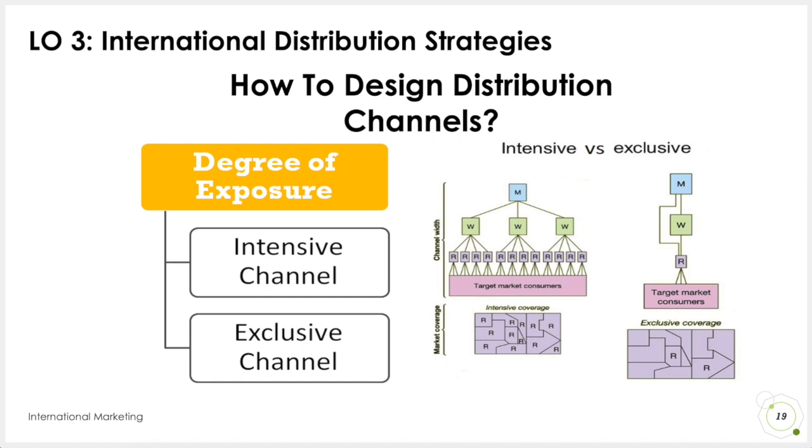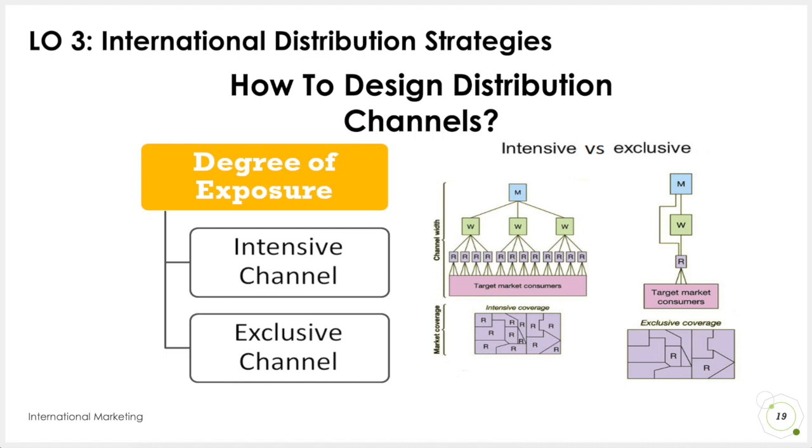However, it does not create strong barriers to channel entry, nor provide control over reseller decisions such as what competing brands to sell. For example, giant and medium supermarkets typically take an intensive channel approach to distribution, in which they are selling various brands of instant noodles such as Maggi, Mamee, or Ibumie.